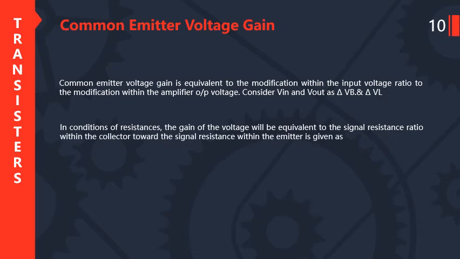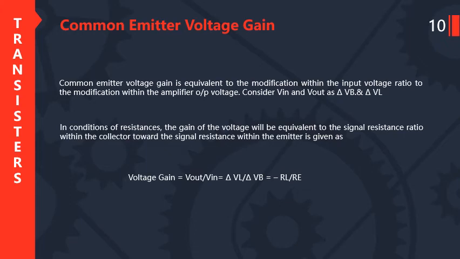In this condition of resistance, the voltage gain will be equivalent to the ratio of the signal resistance in the collector to the signal resistance in the emitter. It is given as voltage gain is equal to output voltage divided by input voltage. In short, Vout divided by Vin is equal to delta VL divided by delta VB.